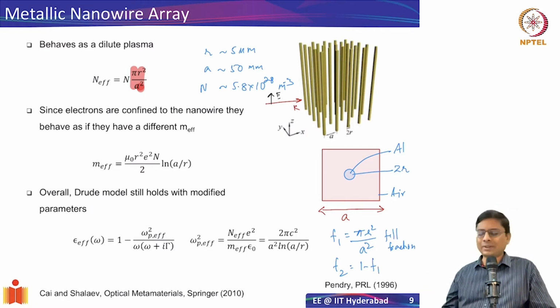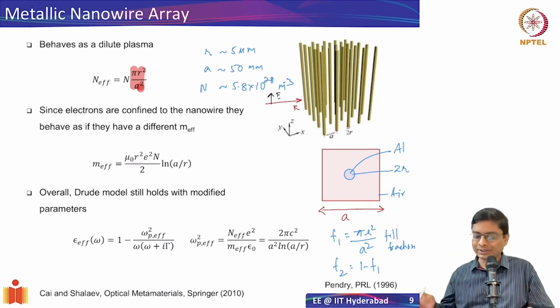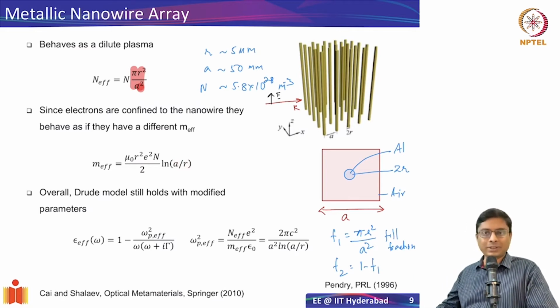We don't need to go into the details, but effectively, if you take a wire and calculate its inductance, you can estimate this effective mass, and it turns out to have an expression of the form given here. So the effective mass depends on the ratio of the whole unit cell to the radius of the nanowire. A 1 over r dependence is what we will see for potentials, and you can actually derive it from basic electrostatics. All right, so you have an effective mass.